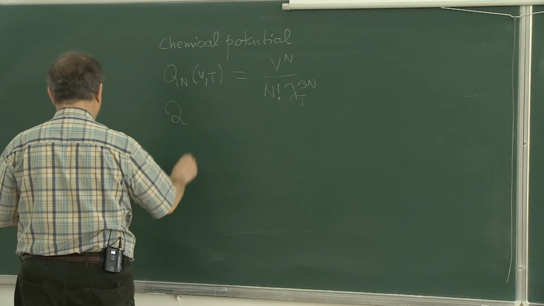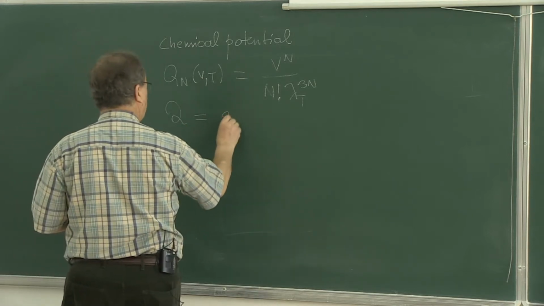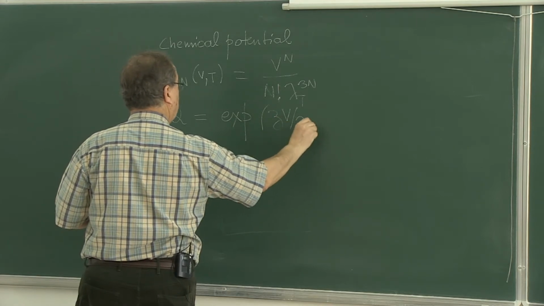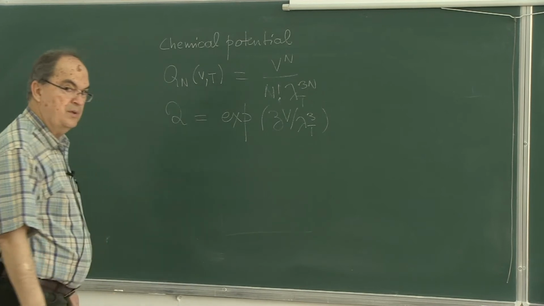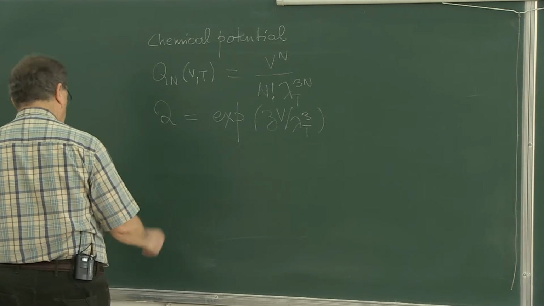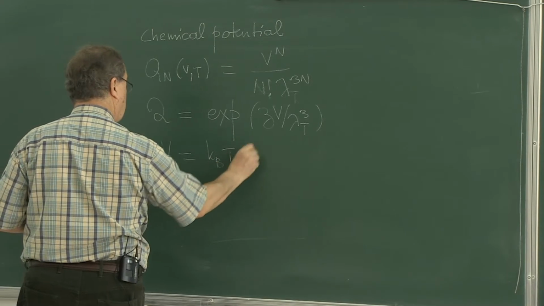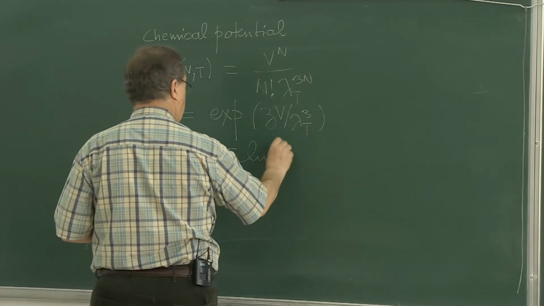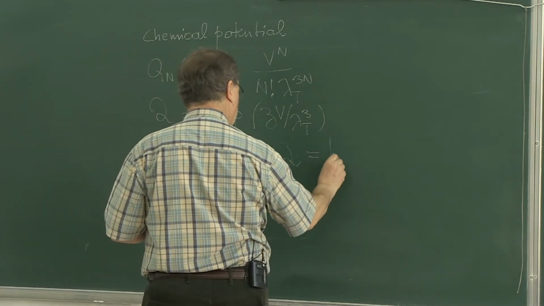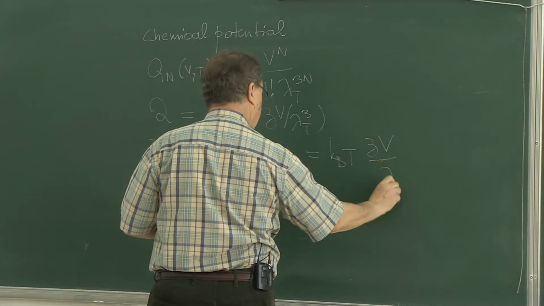The grand canonical partition function we know, exponential of zV over lambda_T cubed, with explicit V and T dependence. PV we know, k_B T ln of the grand canonical partition function, that is k_B T zV divided by lambda_T cubed.